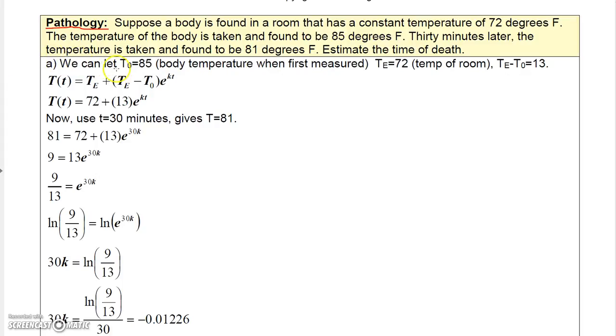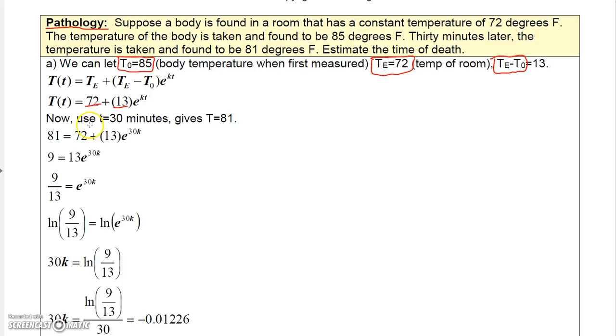So what we can do is say our initial temperature of the body was 85 degrees. Since we know the temperature of the room is 72 degrees, the initial difference between the temperature of the body and the temperature of the room is 13 degrees, 85 minus 72. So I can put 72 in here for the temperature of the room, and for the initial difference between the room and the body I can put 13, and I'll get e to the kt.